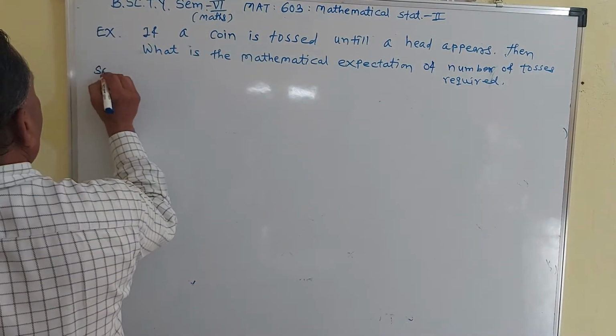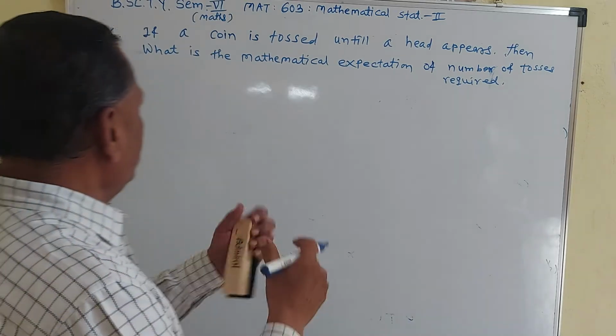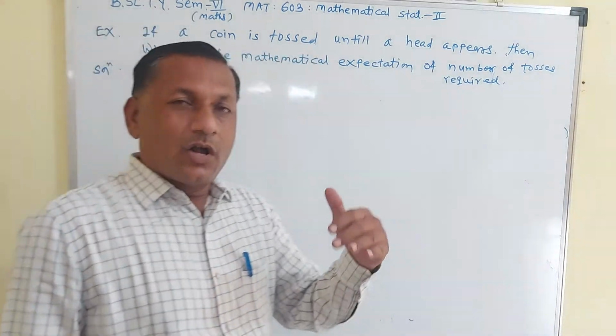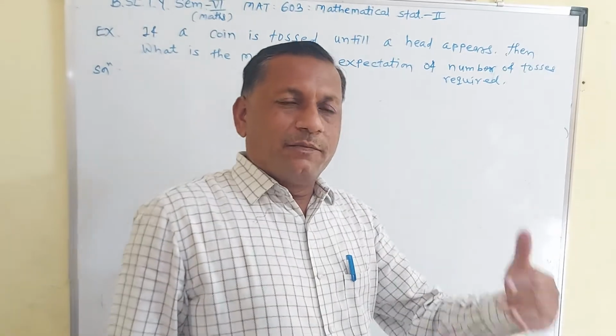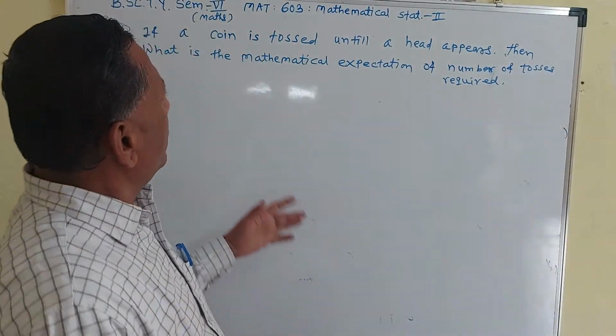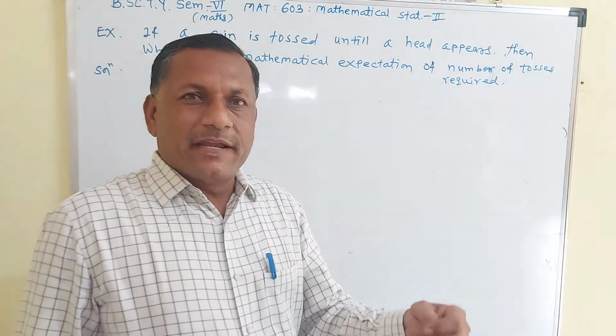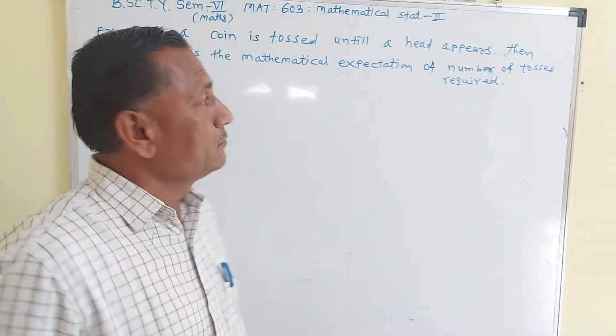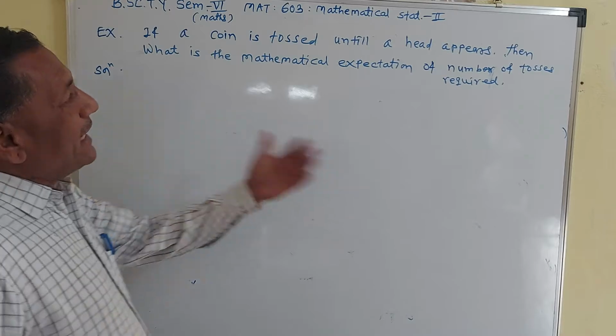Solution. You have a coin and you are going to toss it. Suppose in the first attempt you get a head, then no harm. You know that the probability of getting a head is 1 by 2, until a head appears.